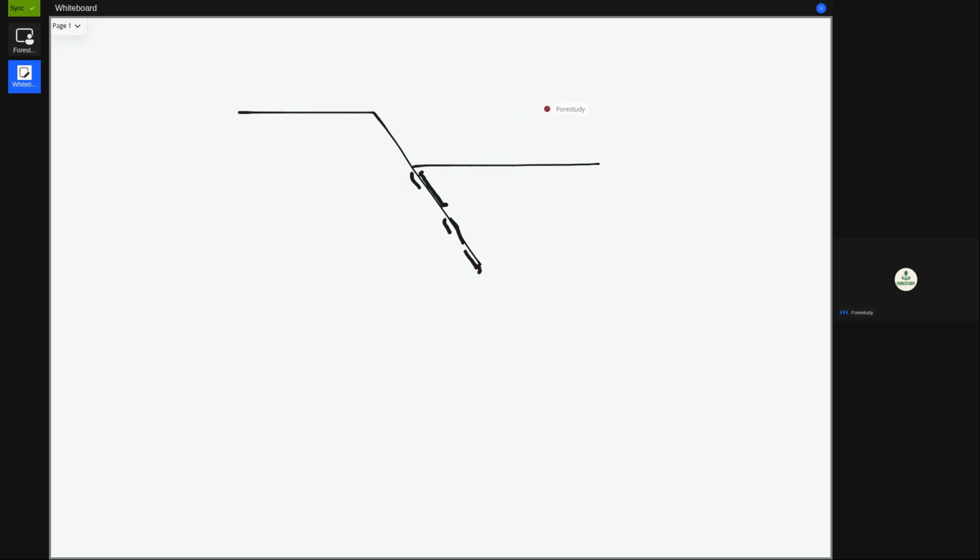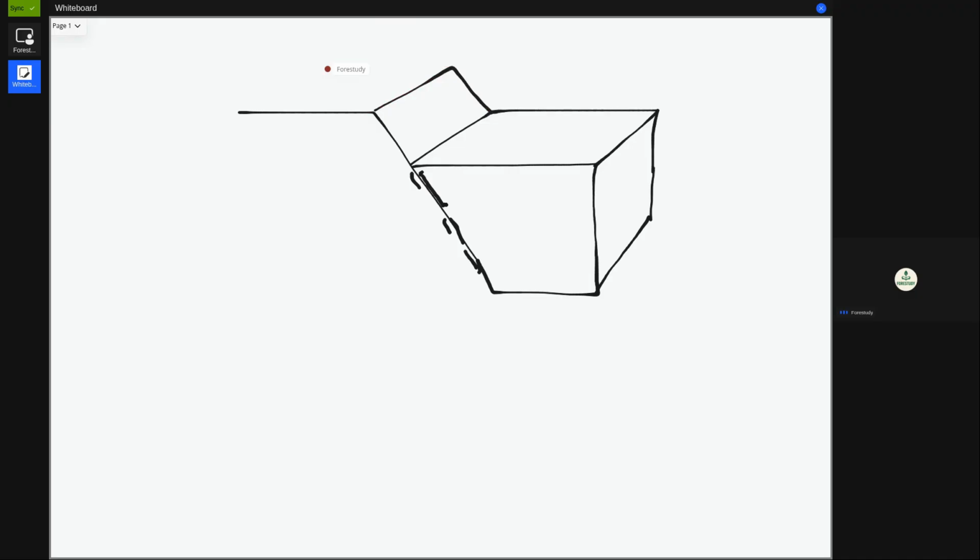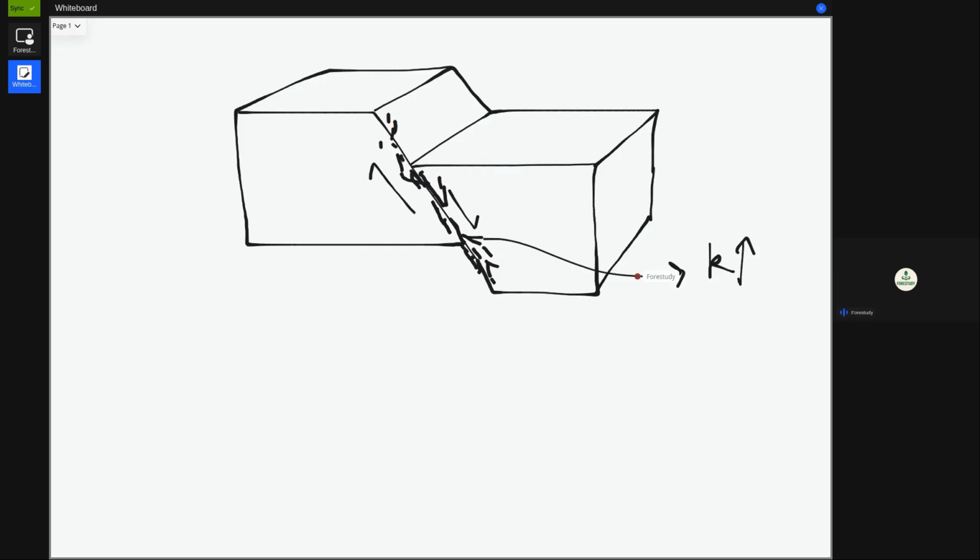So uraninite deposition can be present here, along the fault surface. There will be fractures, and since these have high permeability and high porosity, this results in precipitation of these uranium deposits, but a reducing condition is also important.